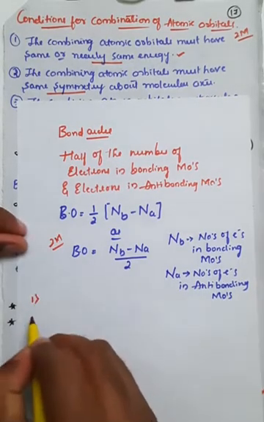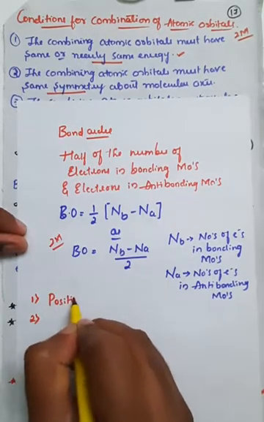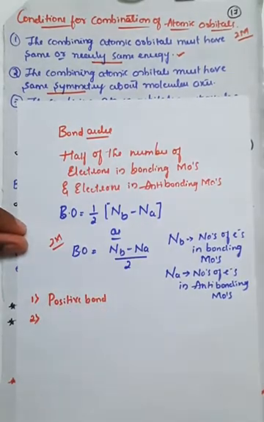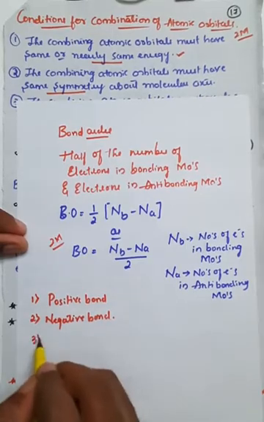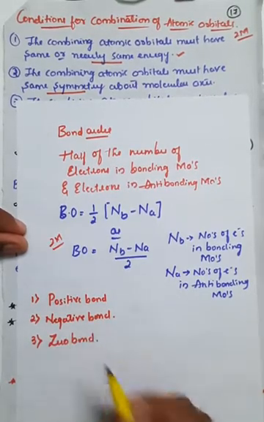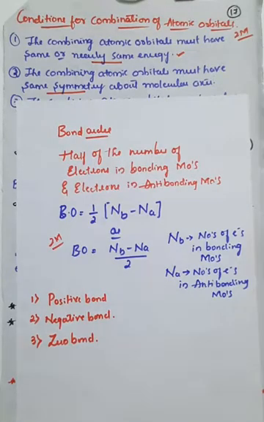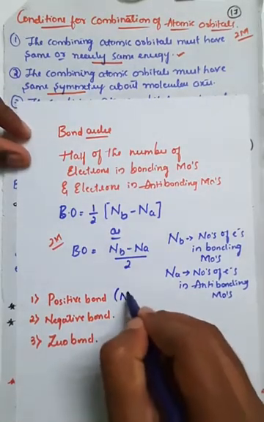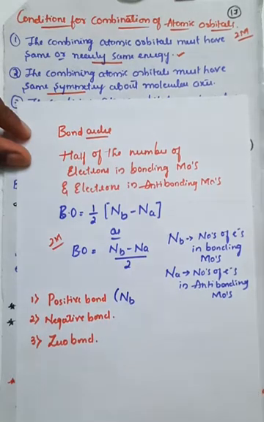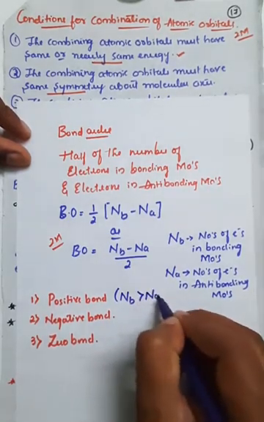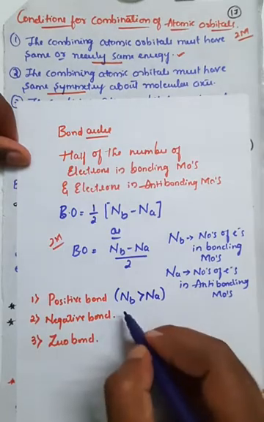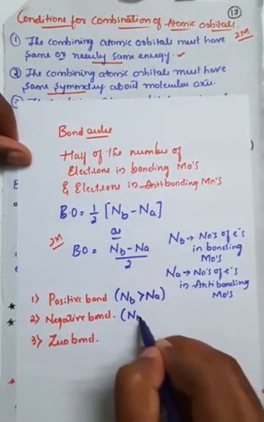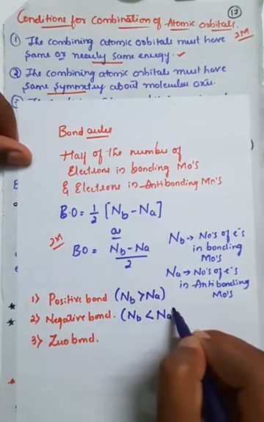So there are three conditions: the bond order may be positive, negative, or zero. Whenever the bond order is positive, the number of electrons present in bonding molecular orbitals will be greater than in anti-bonding. Observe carefully. In case of negative, it is reverse: the number of electrons present in bonding is less than the number of electrons present in anti-bonding.